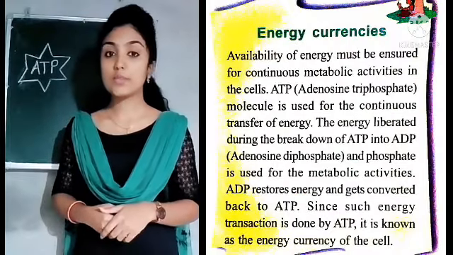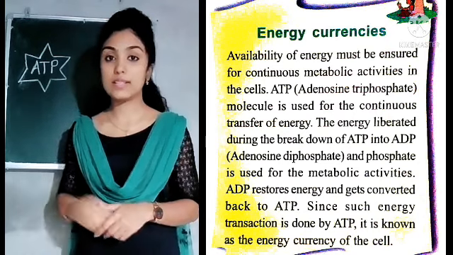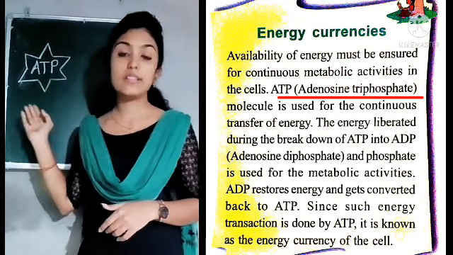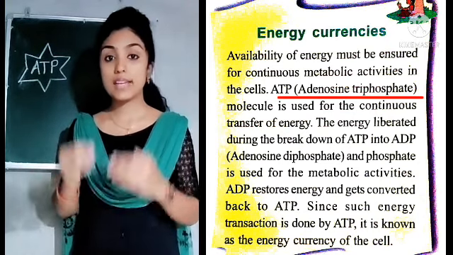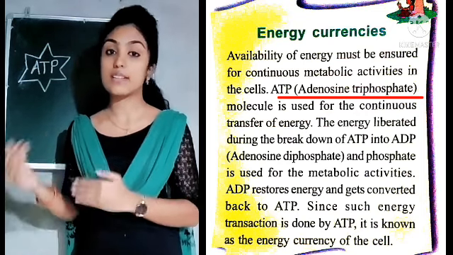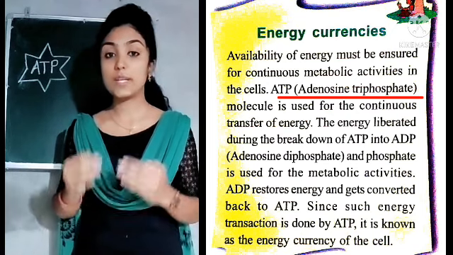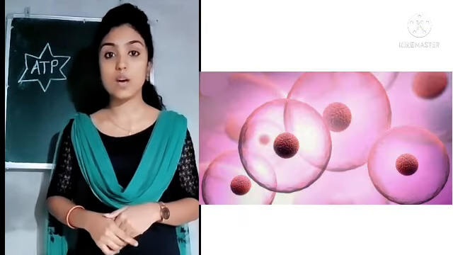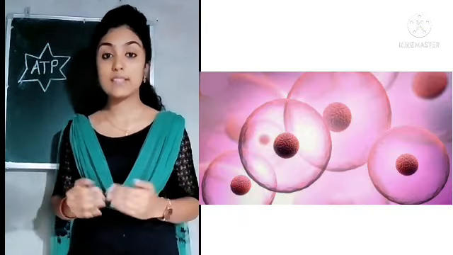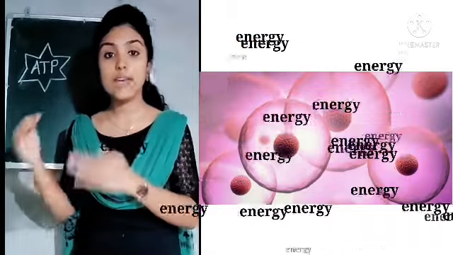Children, now you came to know a new term, that is ATP, adenosine triphosphate. This ATP is known as the energy currency of cells. Why? We know that continuous metabolic activities are taking place in our cells. So, the cells require continuous transfer of energy.